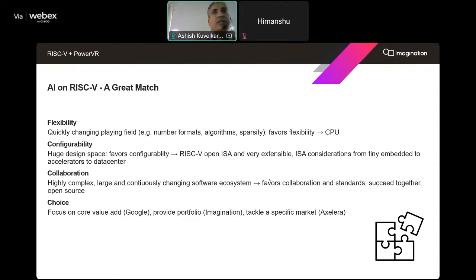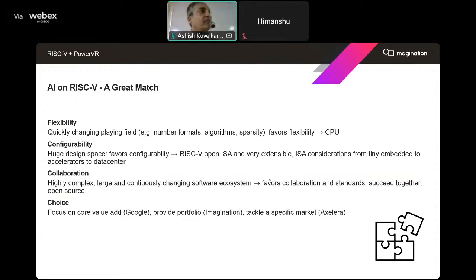There are people who keep touting different number formats, and sometimes changing number formats in current existing ISAs becomes fairly complex. I think the RISC-V body and the consortium has been very cognizant of the fact that there are people who are constantly experimenting with number formats.